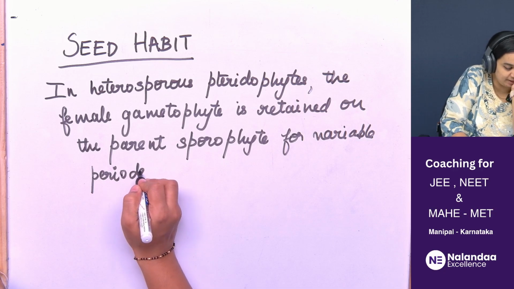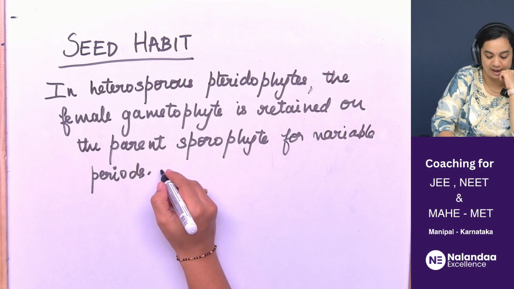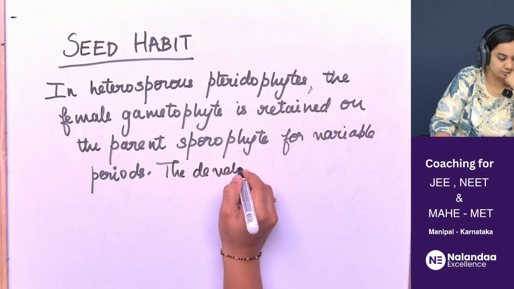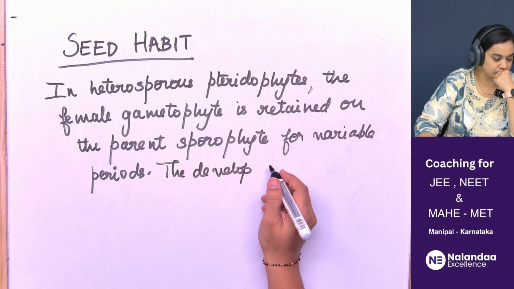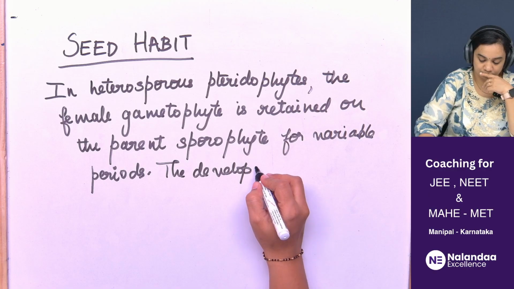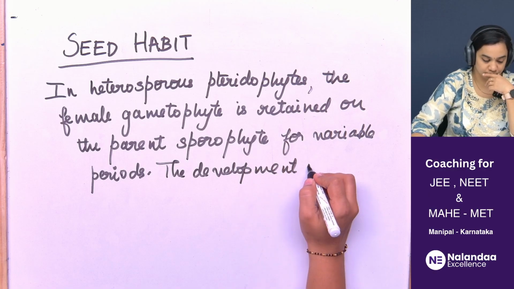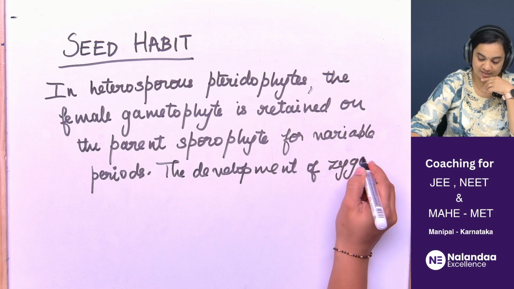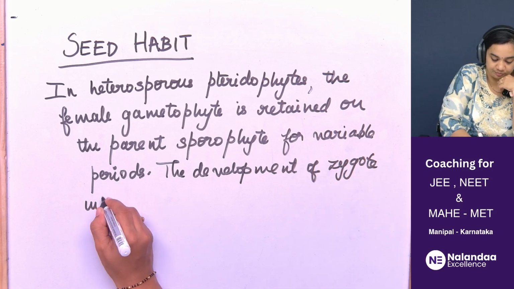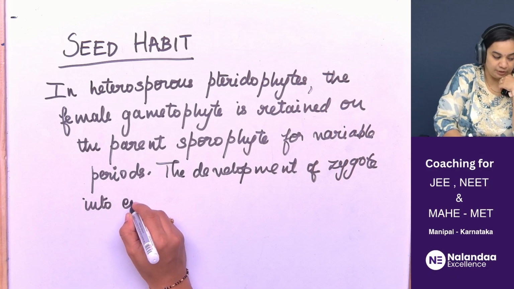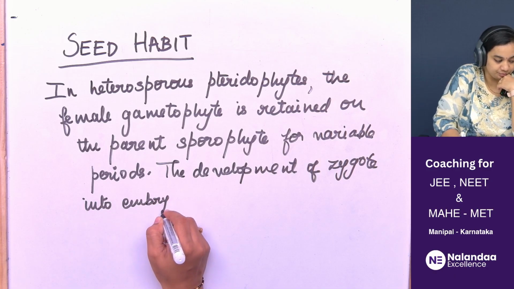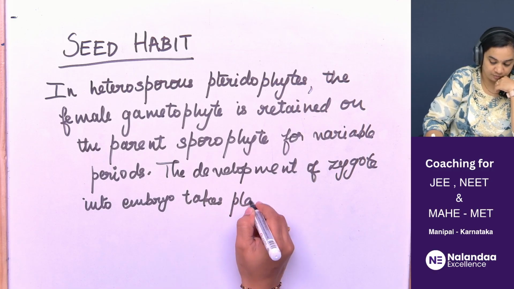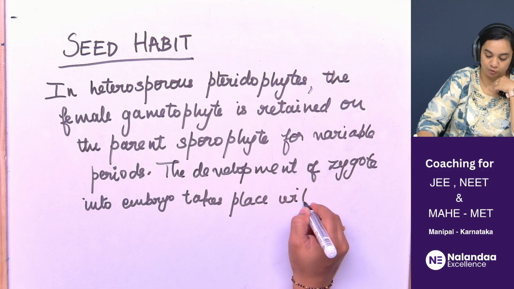And what happens? The development of the zygote into embryo takes place within the gametophyte.